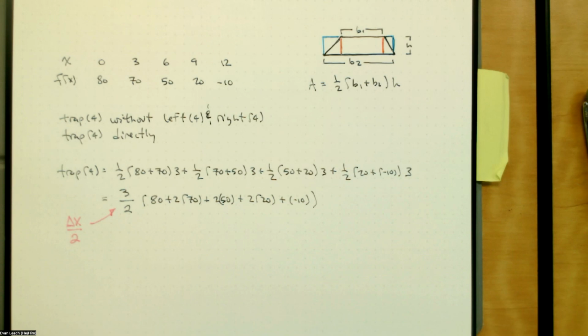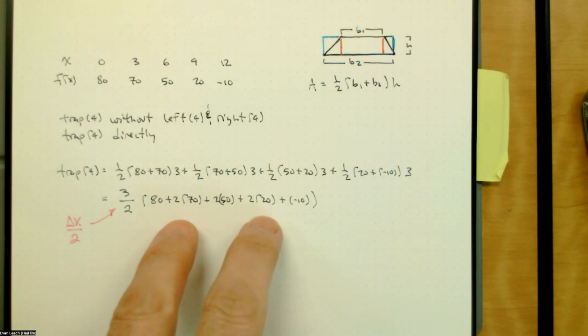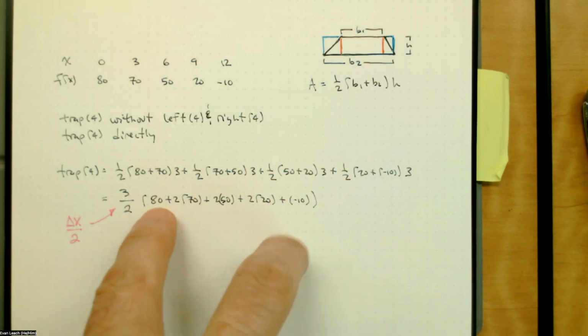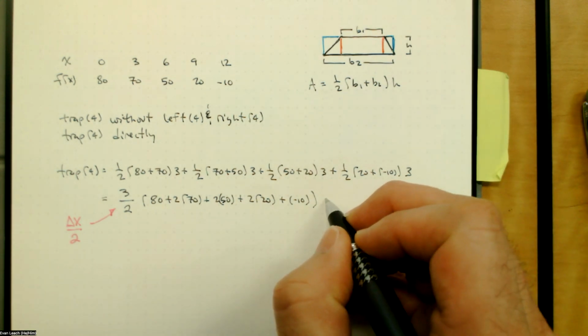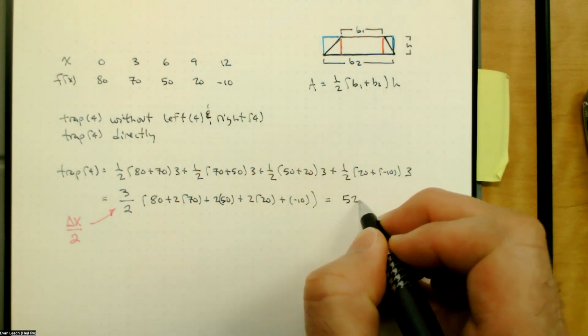We're cutting in half because we're doubling up on all of our measurements. A lot of them literally double up, but the first and the last one form a pair. Let me calculate this really quick, and we get 525.